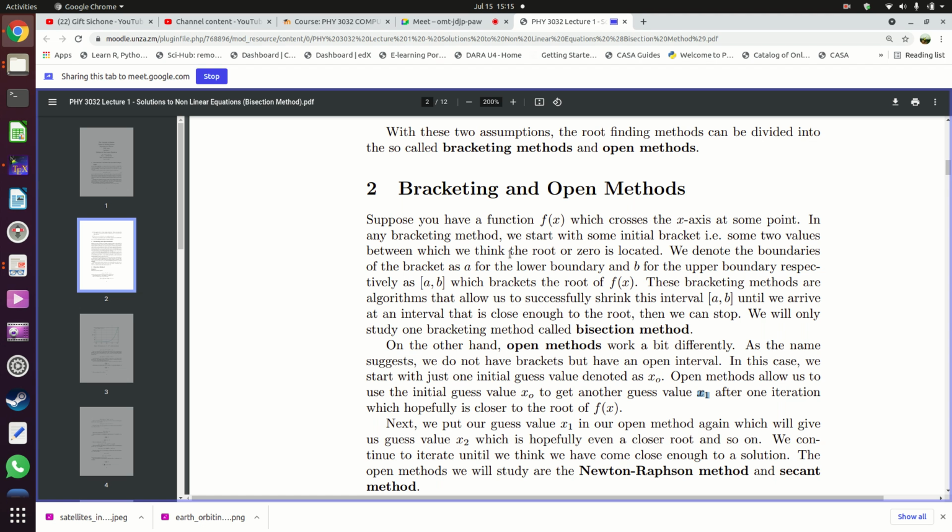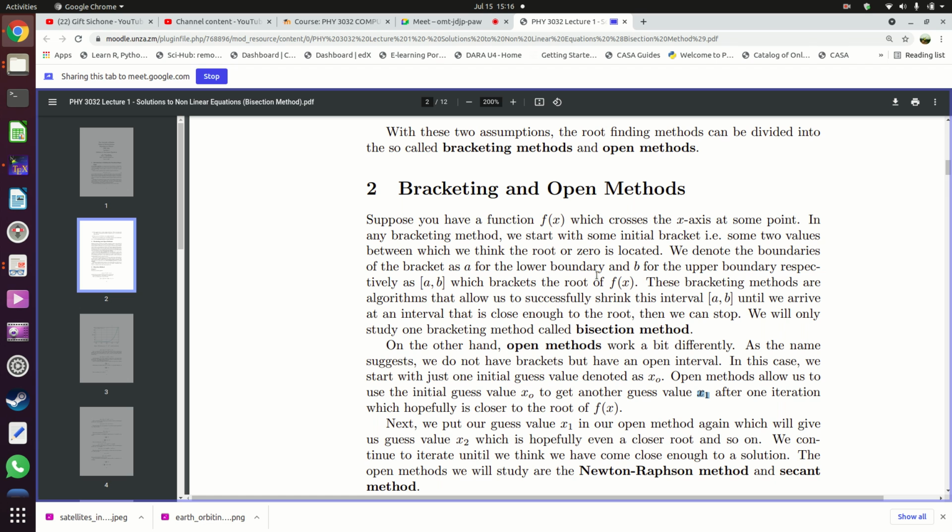Sometimes, if you have chosen a bad guess, your open method can give you something which is further away, worse than what you started with. So what you're hoping to get is a value of x which is better than what you had, taking you closer to what the actual answer is.